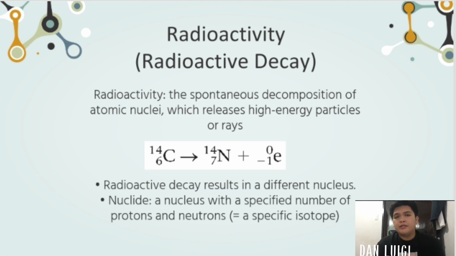So it is equal to a specific isotope. Materials that emit radiation, like alpha, beta, and gamma, are called radioactive. Radioactivity comes from the atomic nucleus and not from the electron cloud that surrounds the nucleus.